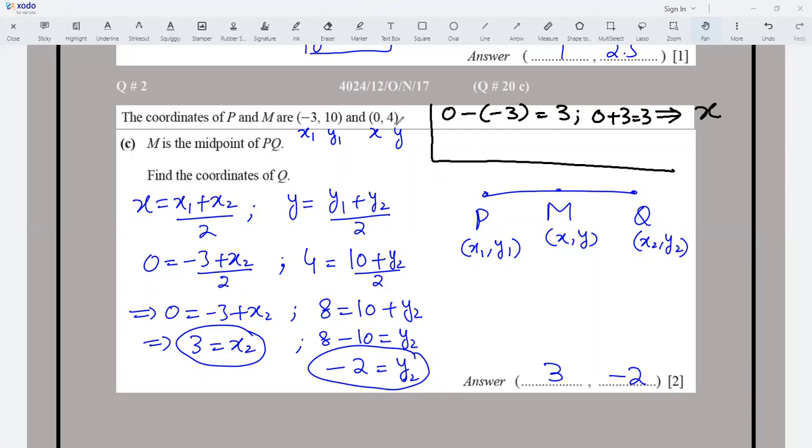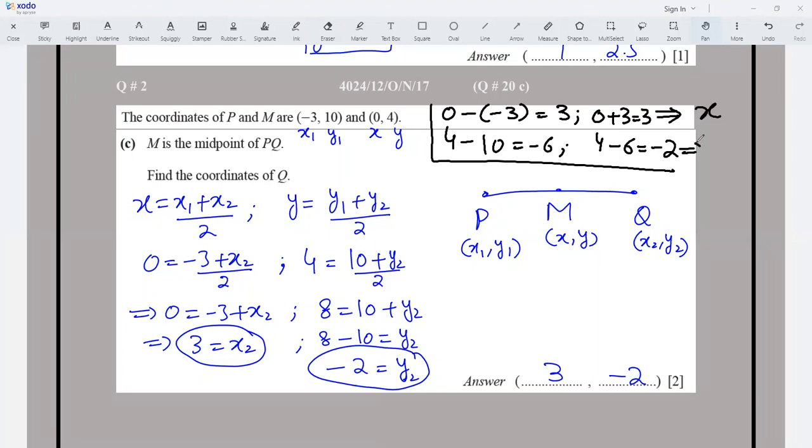For the y coordinate, subtract the y coordinate of point P from the y coordinate of point M. So 4 minus 10 gives the result negative 6. This negative 6 is added to that 4, so it becomes 4 minus 6, which gives negative 2.